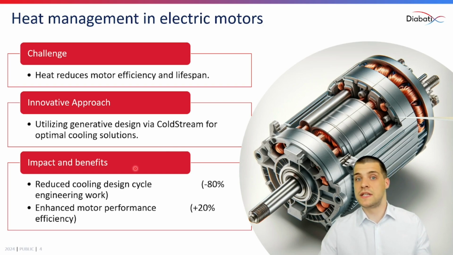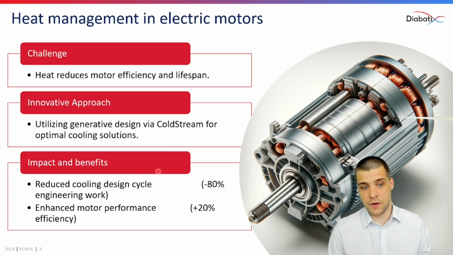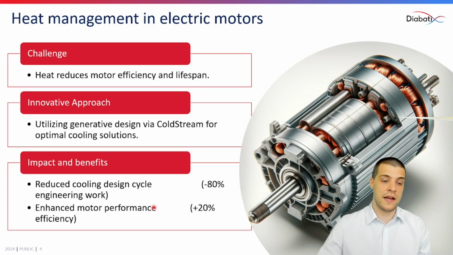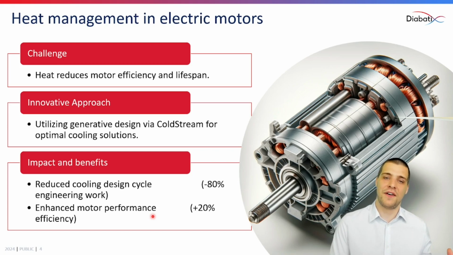What is the impact, or what are the main benefits? By tackling the thermal problem early on, you reduce the amount of engineering work that you have to provide, ColdStream will do some of the heavy lifting, and it will enhance the motor performance. Because usually, if you tackle the thermal problem towards the end, you are a bit limited in what you can do, because everything else is more or less fixed.